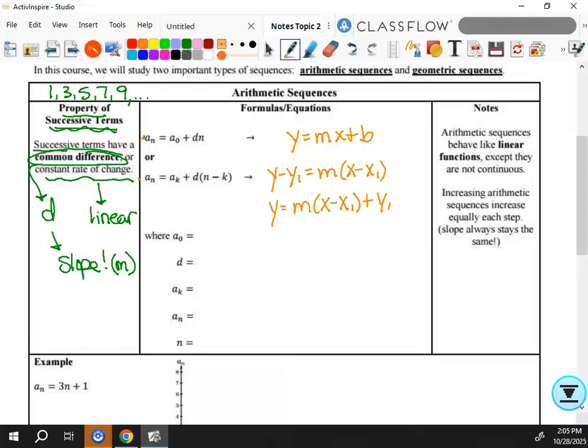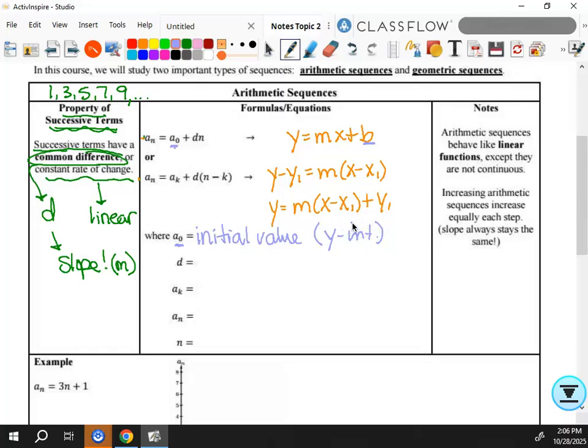Okay. So to get our terms down for sequences, your a sub 0, which lives right here in this little one, that matches up with what in my line? B, right? Matches up with B. And the a sub 0 is just your initial value. In a line, we call that B, your y-intercept.